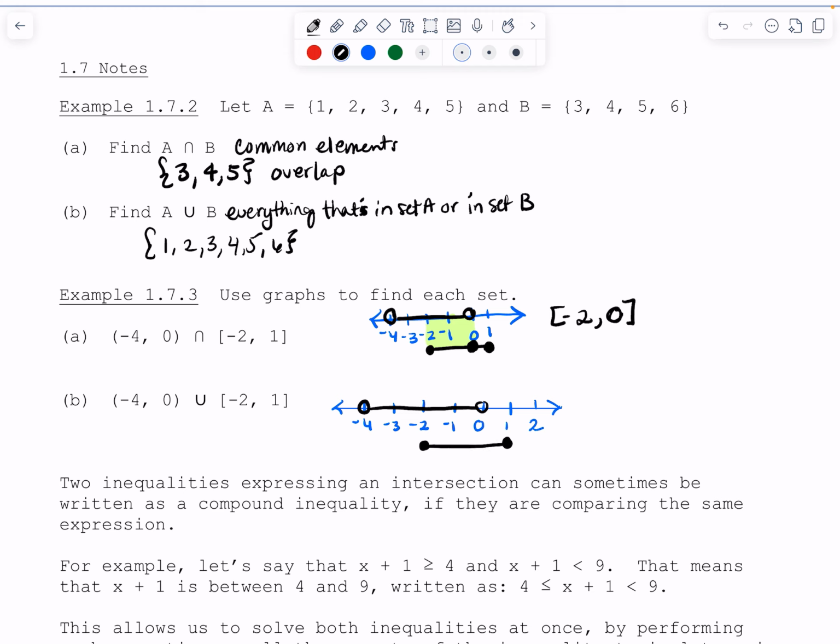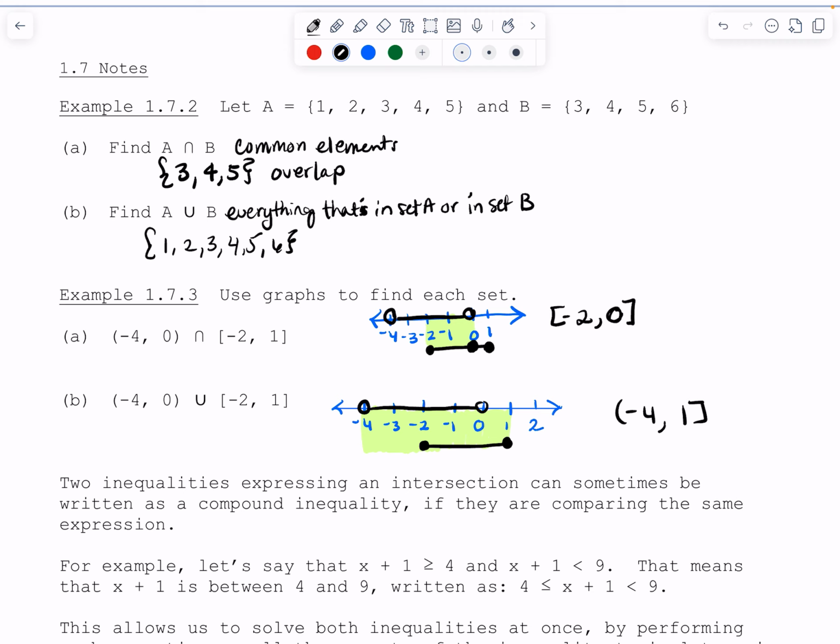Now this time around, I am doing union. That means I include all elements in both solution sets. So I'm looking for the far left value going to the far right value. Okay, so I'm looking for everything that's in both of these solution sets. Okay, so the far left value, when I look at it on the graph, is negative 4. It's in parentheses, right? And then the far right value is 1. So the answer is going to be negative 4 to 1.